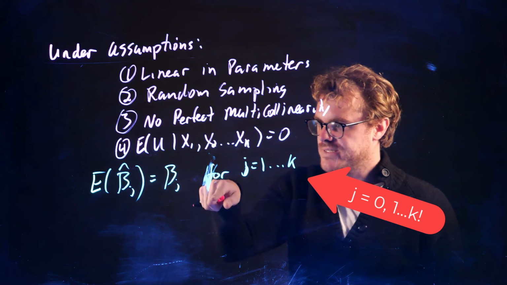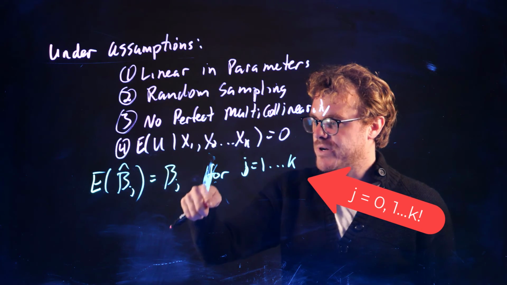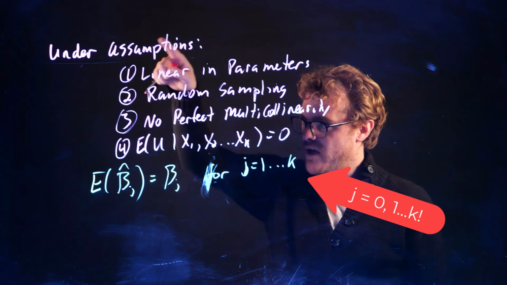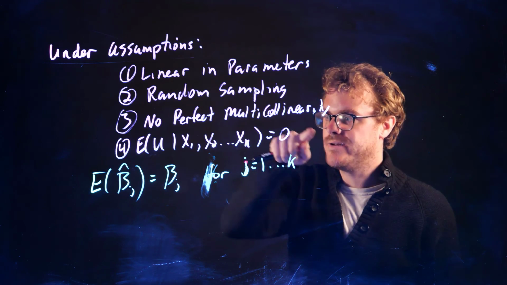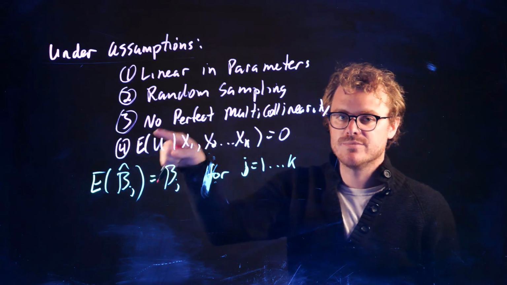So for all the slope parameters and the intercept as well. Under these assumptions, we have unbiased estimators. Again, we're making a big assumption with that fourth assumption. We still are.